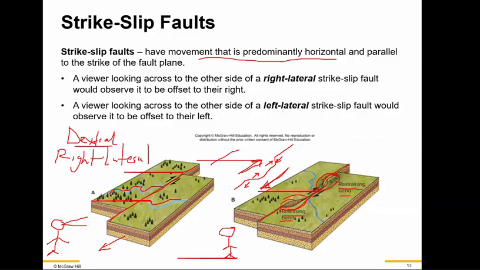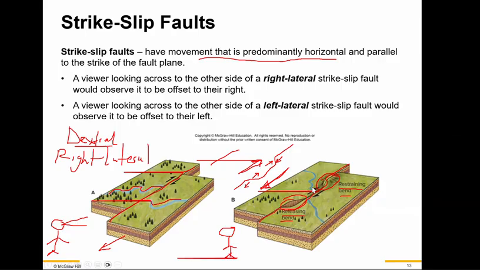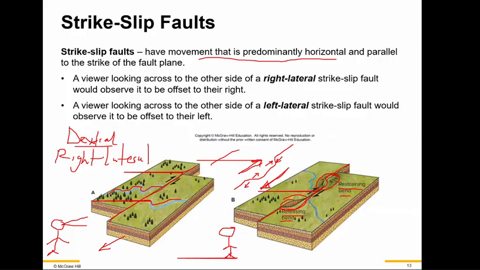Now, please take note of that. The other point I want to bring to your notice is what we call the opposite of the right lateral fault. So for instance, you were observing the fault, all right, and it was the left block that was coming towards you.